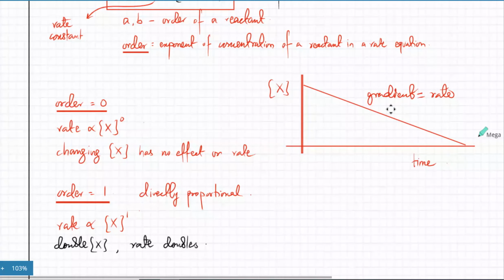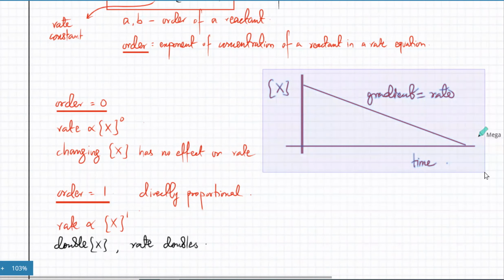But in this case, the rate of the reaction is not going to slow down, because it's not dependent on the reactant concentration. The reactant gets used up, its concentration over time decreases, but the rate remains completely unchanged. Is this clear, this graph? Yes, sir.